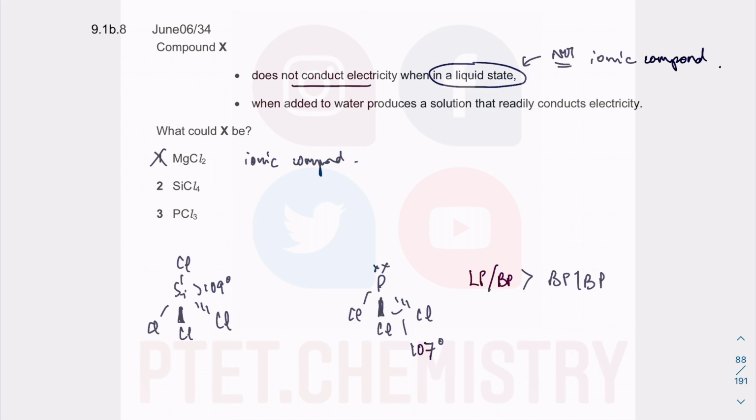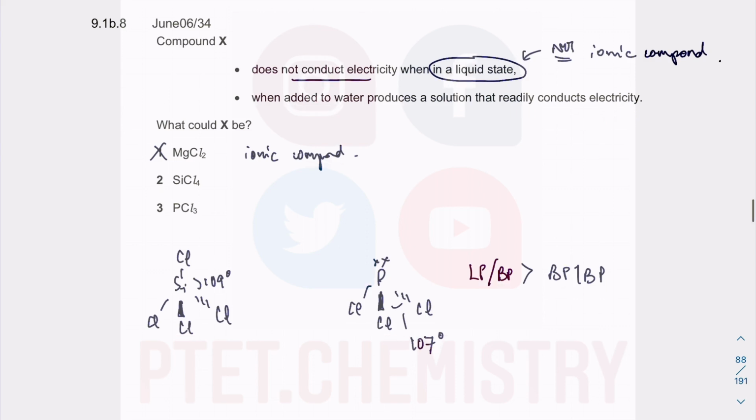This question is not about shape of molecule, however. It's about the second bit here. When added to water, you produce a solution that readily conducts electricity. Okay, when you add it to water, you can produce a solution that is ionic, or at least that's got free ions.